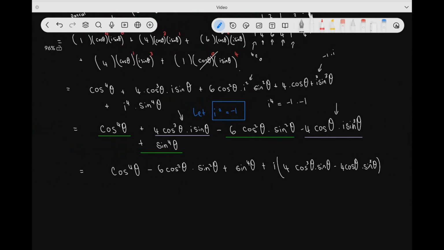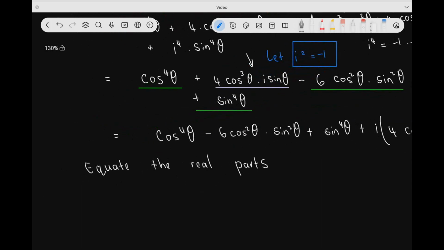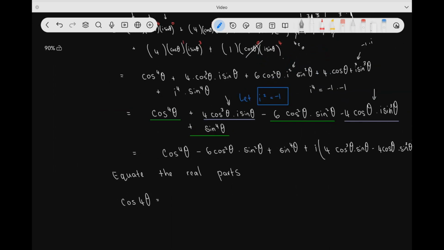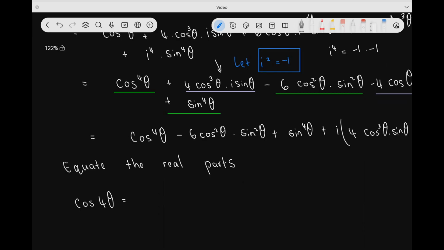Now, what do we know? So now we can equate the real parts. So equating the real parts, that would mean that cosine 4 theta, by using De Moivre's theorem, is equal to this box. I'll show you now exactly. Is equal to this expression right here. So how do we know this?